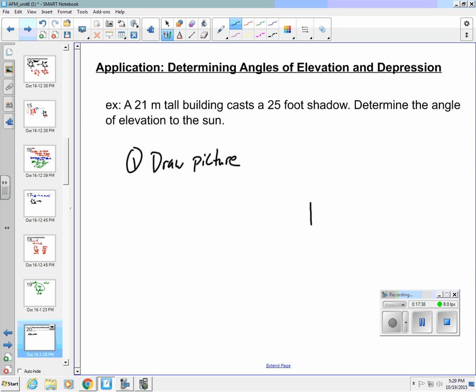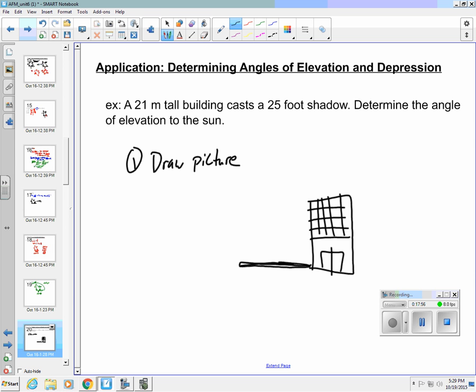So I've got a building. Casts a 25-foot shadow, so that's going to be shadow, obviously, on the ground.